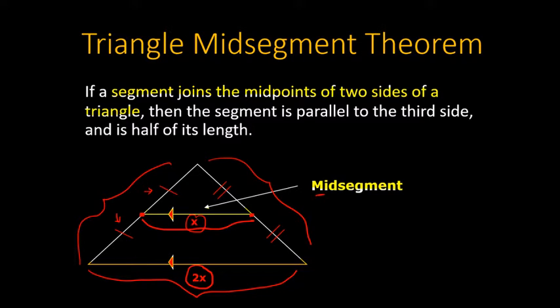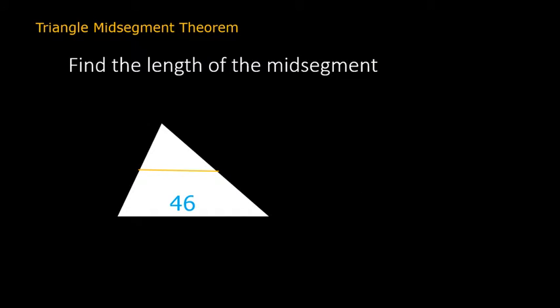And to that end, let's do a little bit of practice calculating lengths of midsegments of triangles. So let's say we're given a triangle, we're told that this is the midsegment, and we're asked to find the length of the midsegment. Well, I know the length of this side of the triangle, and notice that this is the side of the triangle that this midsegment is parallel to, right? It's the third side of the triangle.